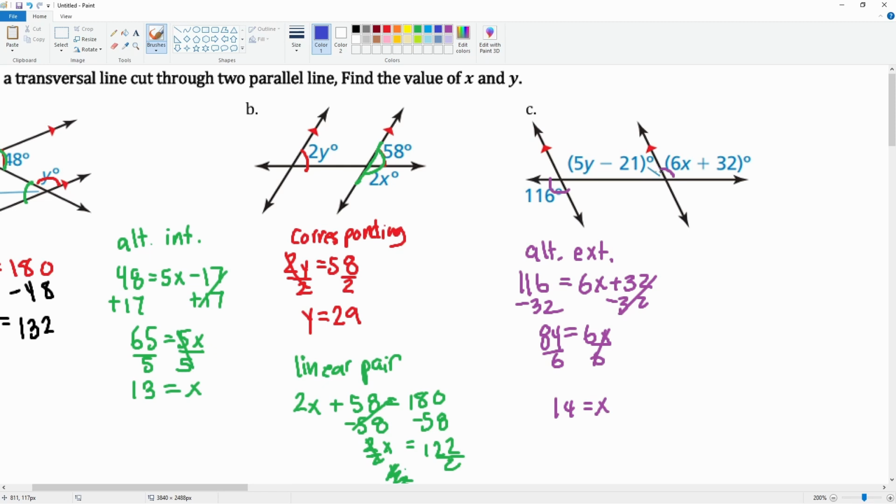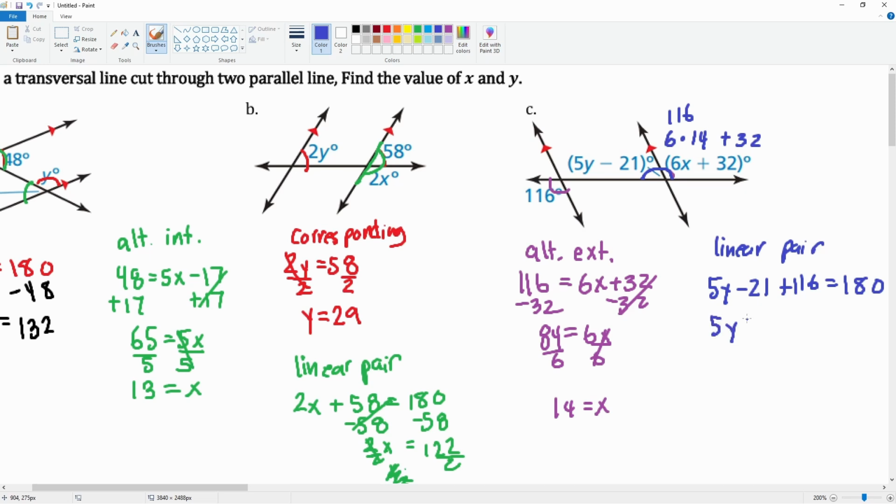Notice that this angle makes a linear pair, right? So you know what? I'm going to plug 14 in here already. 6 times 14 plus 32. This is 116. So we can say by linear pair, 5y minus 21 plus 116 is equal to 180.